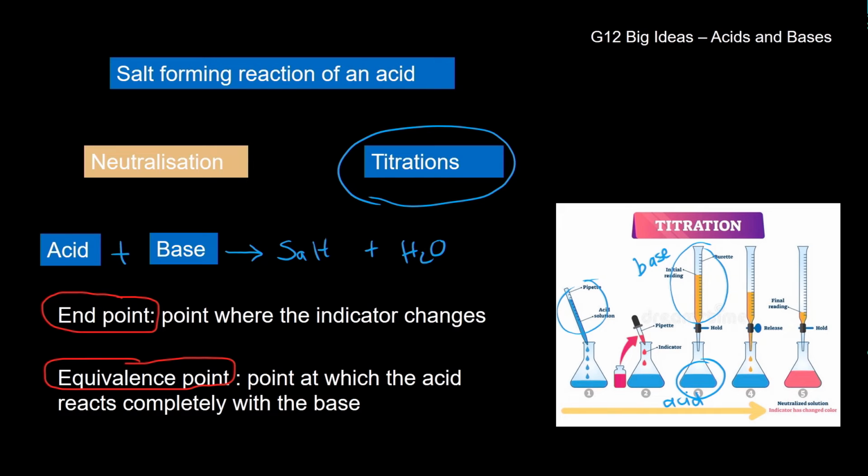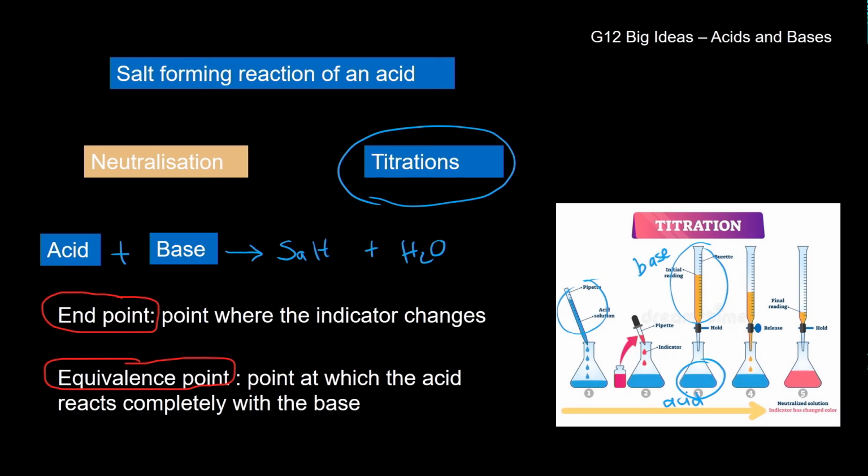We can't see them. So we will never know when this reaction reaches neutrality, when the acid will neutralize the base or vice versa. So we need to add in there an indicator. And the indicator is really important when we are doing calculations. There are 2 words that you need to know. The one is endpoint.